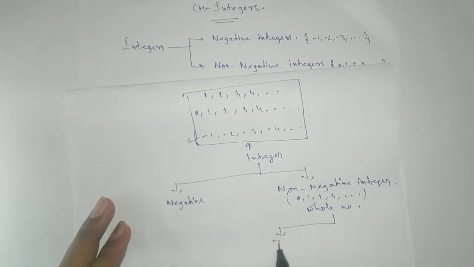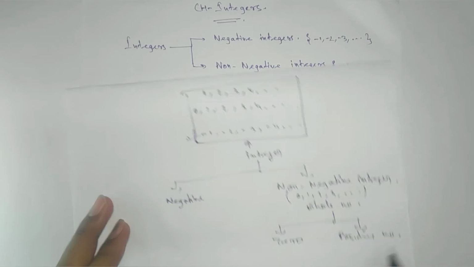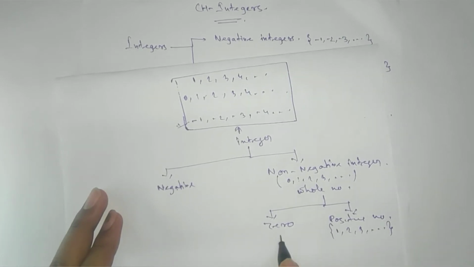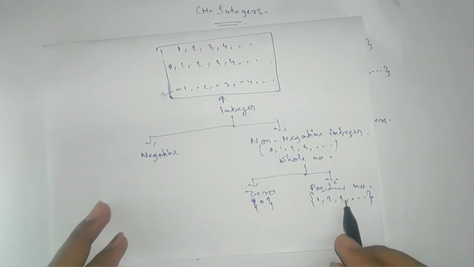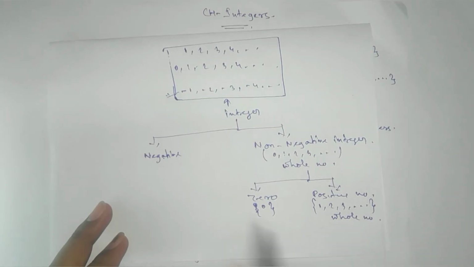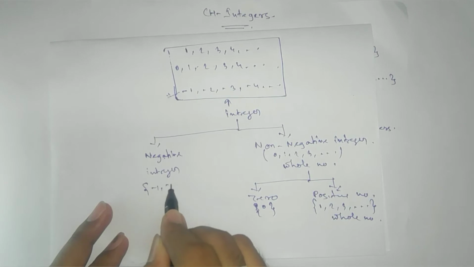One is 0 and another is positive integers, which start from 1, 2, 3 and so on. And this negative integer set starts from -1, -2, -3 and so on.